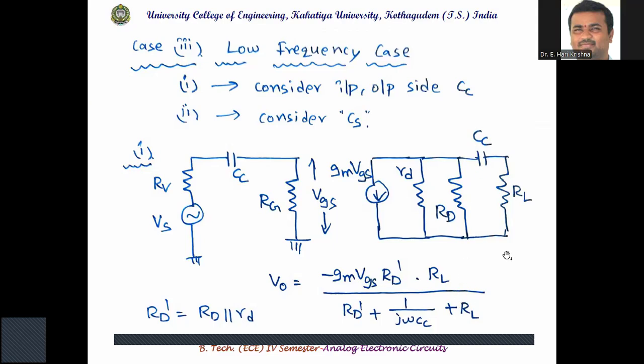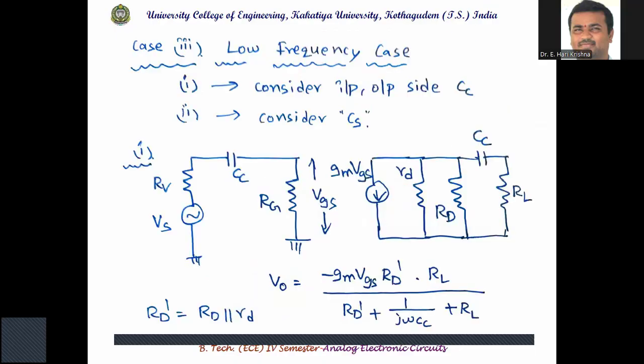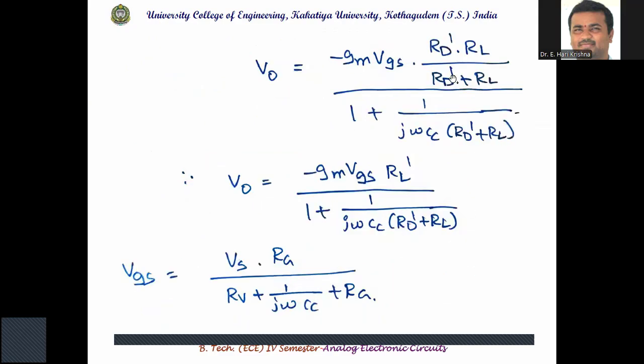I have not drawn the detailed diagram here because it was repeated so many times in the previous lectures. This Norton's equivalent is replaced with a Thevenin's equivalent, where the Thevenin's resistance, the Norton's resistance, is the parallel combination of rd and RD. So V0 is equal to minus gm VGS multiplied by RD dash multiplied by, taking RD dash plus RL as common from the denominator, RD dash plus RL.